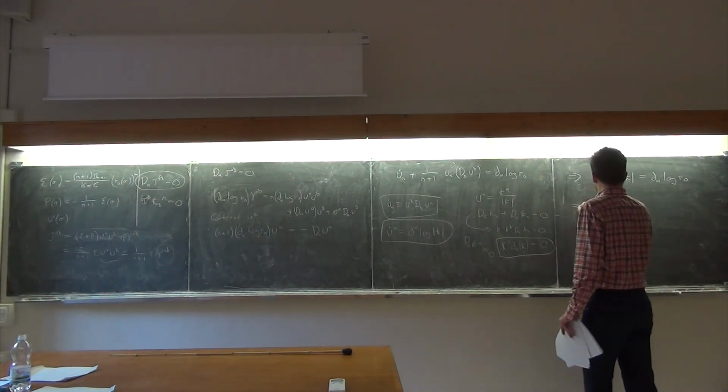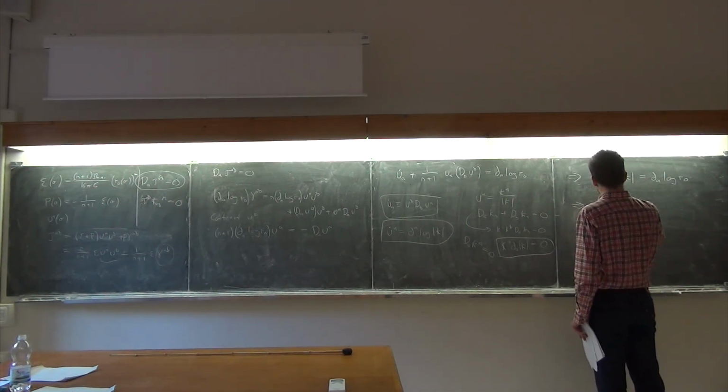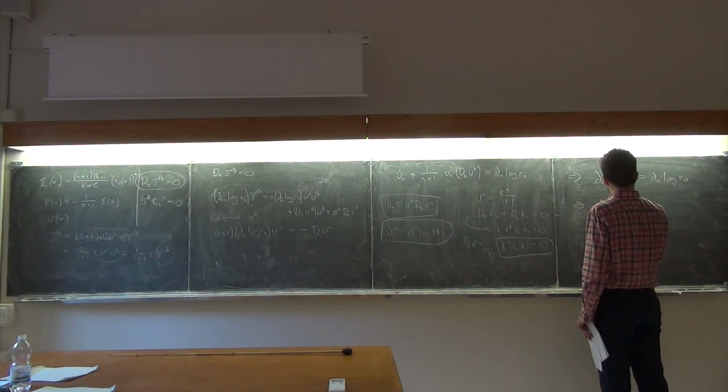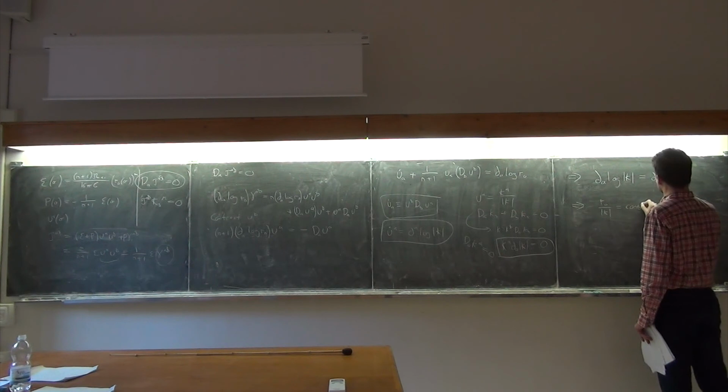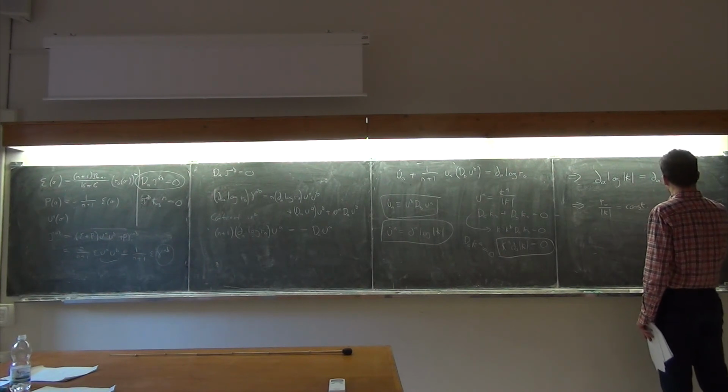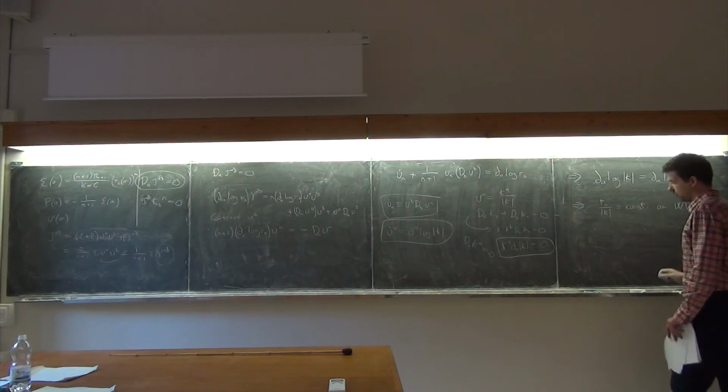So that means that R0 over the norm of the killing vector field is equal to a constant on the brane, on the world volume of the brane.